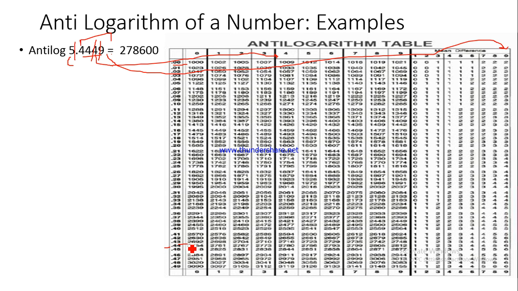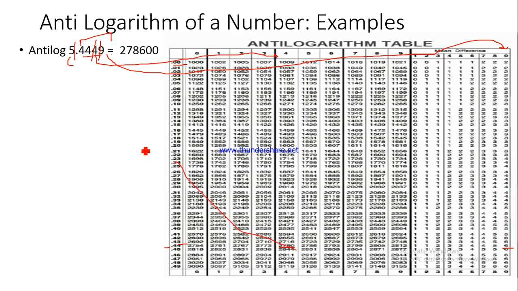So for 4449, we take 44, and then the 4 of 44 gives 2780. Then we add whatever digit is under the 9 mean difference column in the same row, and the digit here is 6. So we add 2780 and 6 and we get 2786, right?